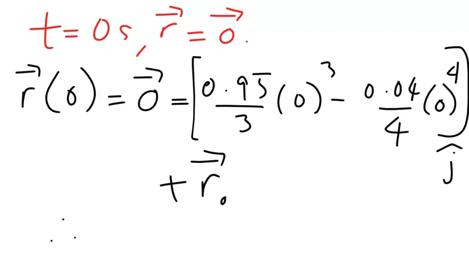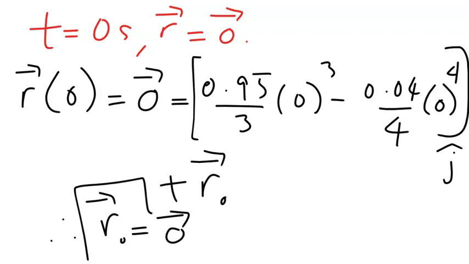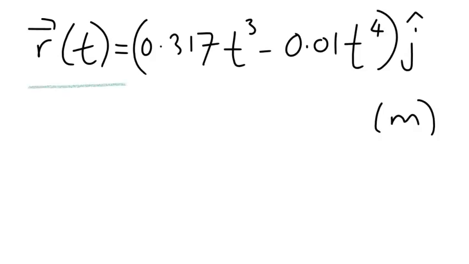So that immediately tells you that the integration constant r naught is 0, which means we can write down the general expression for the position vector as a function of time as follows. And it's given by the following expression. Again, note the j hat and the unit is meter, because it's a position vector.